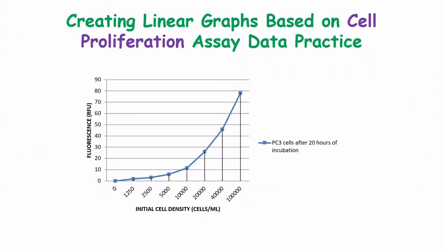Okay, so here is what the graph should look like. As you can see, we have seeding densities on the x-axis and the RFU on the y-axis.